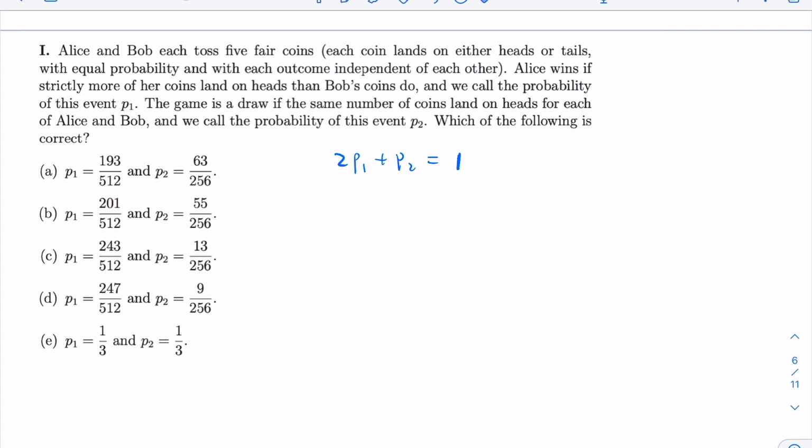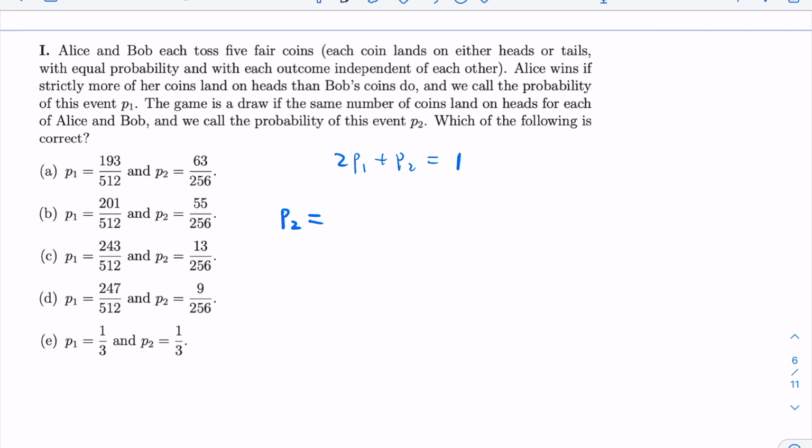P2 is equal to, Alice has 0 heads and Bob has 0 heads, or both have 1 head, both have 2, or both have 5 heads, right?